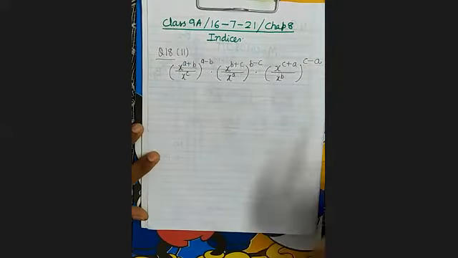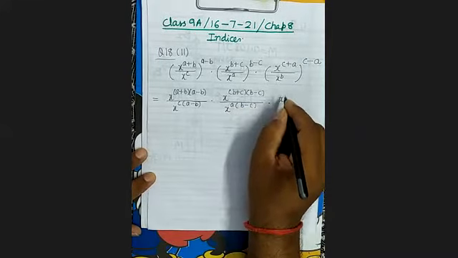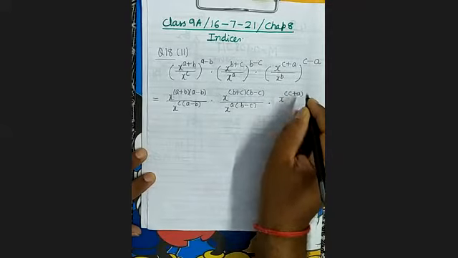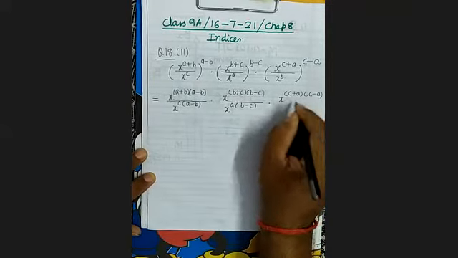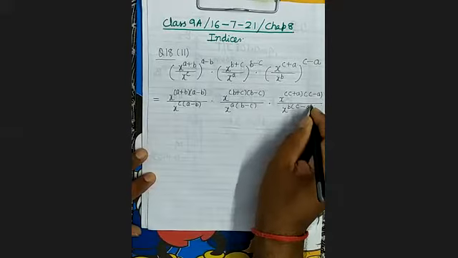So x to the power a plus b into a minus b, divided by, in the denominator what will it become, c into a minus b, then x to the power b plus c into b minus c, and divided by x to the power a into b minus c, then x to the power c plus a into c minus a, upon x to the power b into c minus a.